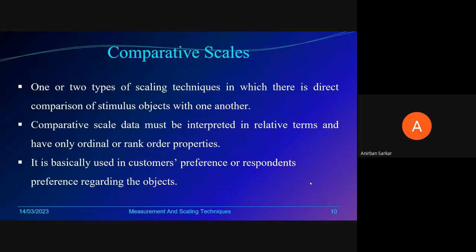These comparative scaling techniques basically have rank order properties. So you can use comparative scales only in case of nominal and ordinal data. And non-comparative scales are generally used in case of interval data.